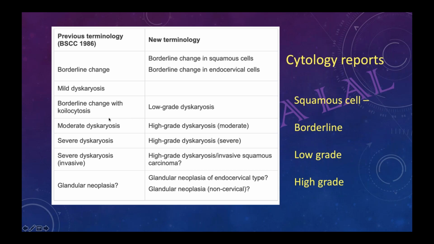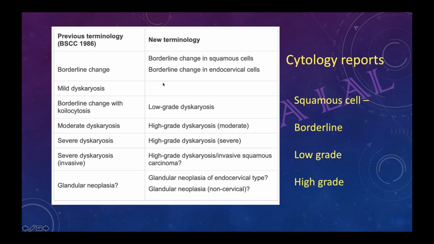So if in your question they say low grade dyskaryosis, or they say borderline change with koilocytosis, your answer will be low grade dyskaryosis, because you have to use the new terminology. In Part 3 also, you have to use this terminology in your answer whenever you are doing your viva stations, or whenever you are explaining this to your role player.